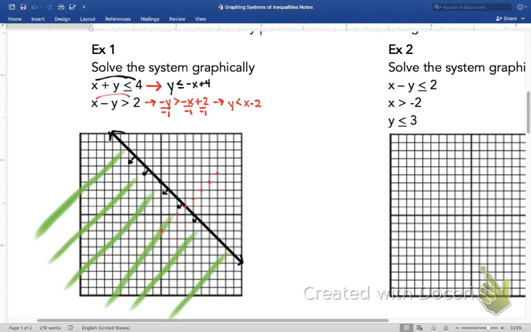I'm going to have a dashed line. Or I can do it the easy way and cheat.